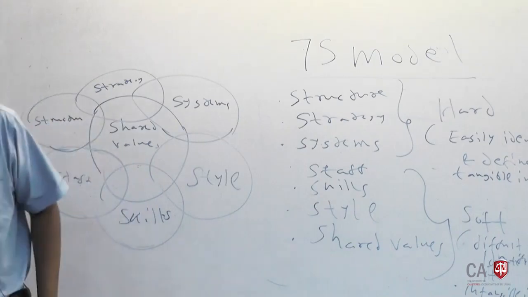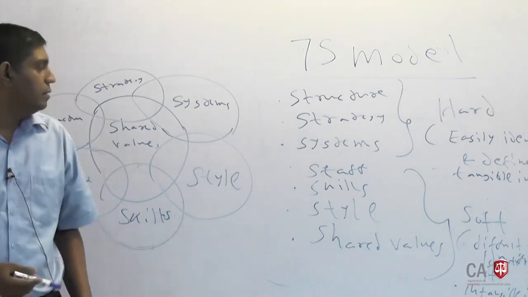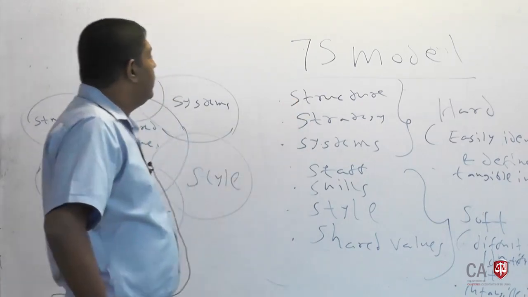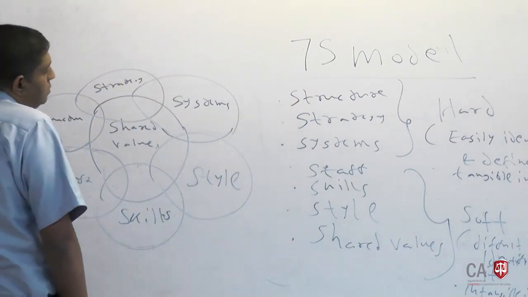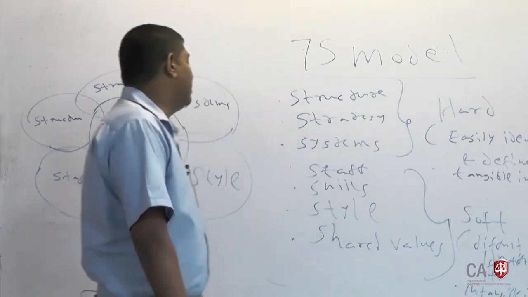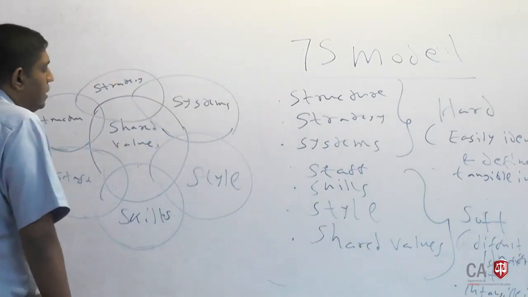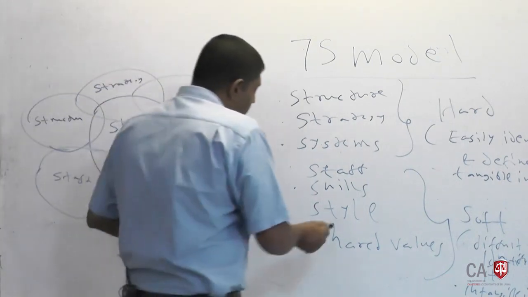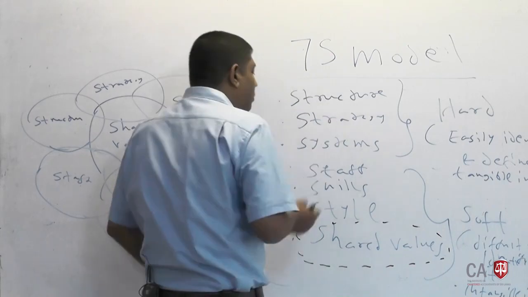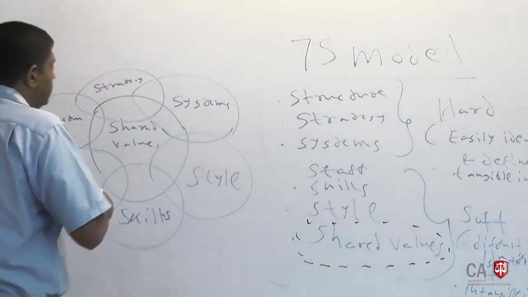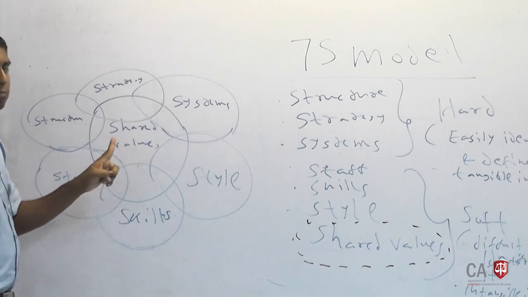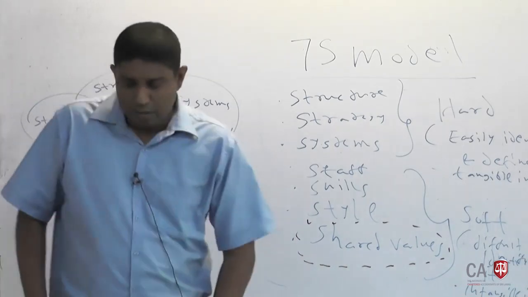Accordingly, there are three hard elements: structure, strategy and system, and four soft elements: staff, skills, style and shared values. Normally shared value is considered the most important element. Later I will explain the reason behind that. That is why in the model it is placed in the middle.